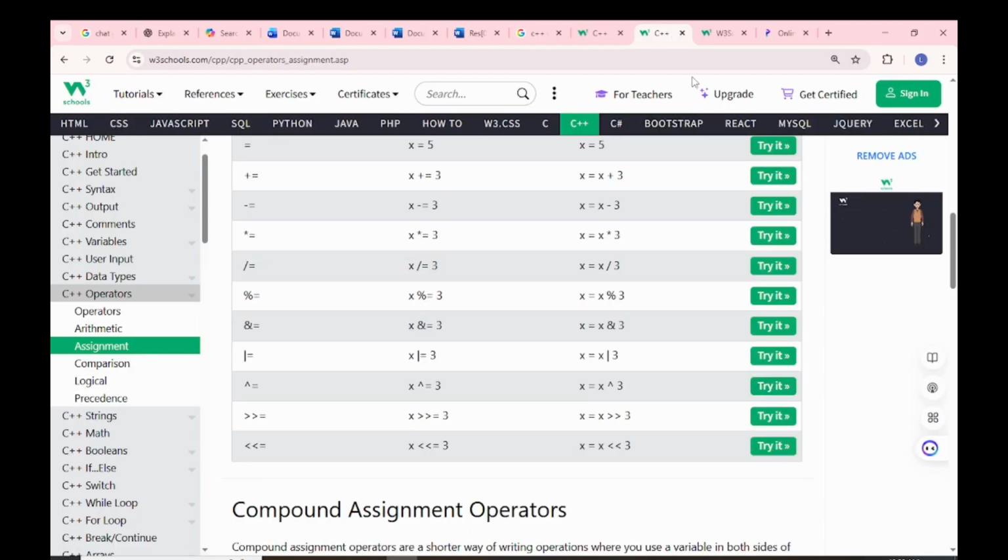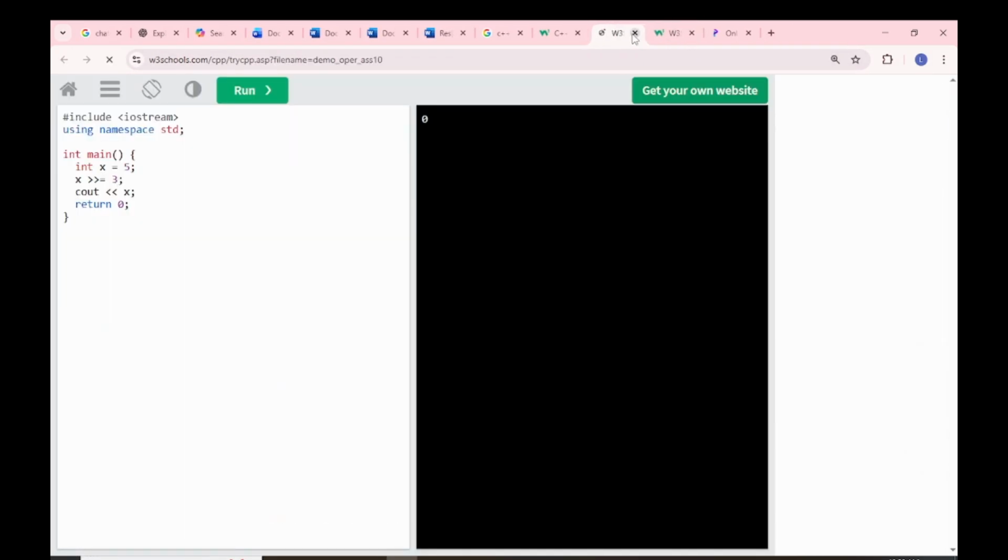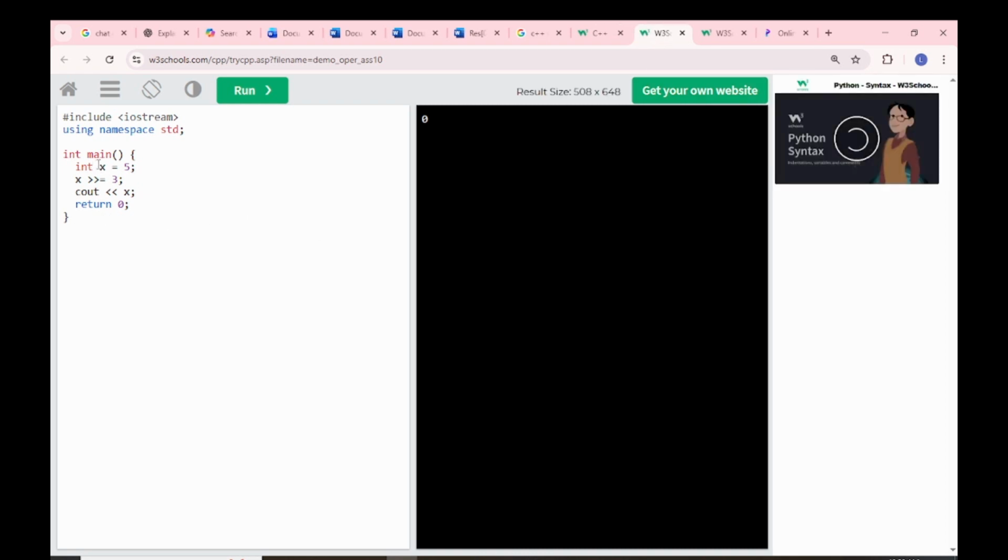Okay, and then we have this. We just need to clarify, right? Integer main, integer x equal to 5. Okay, so here 3 here.